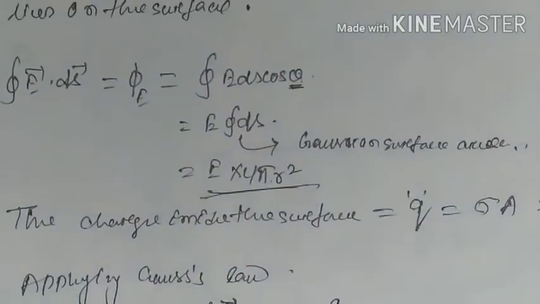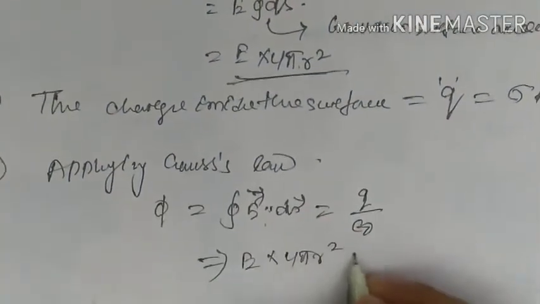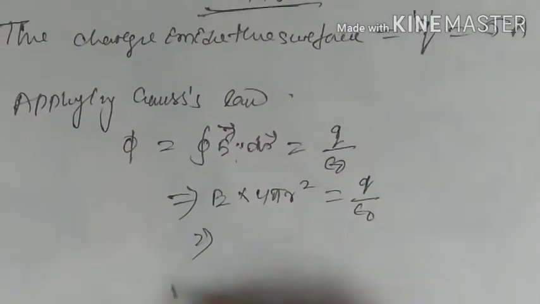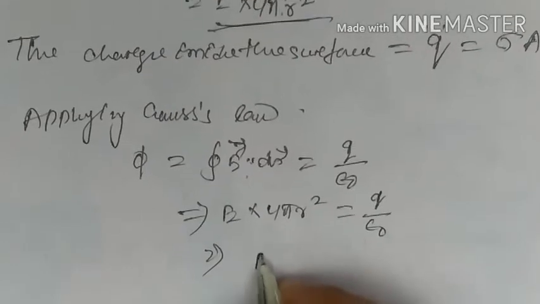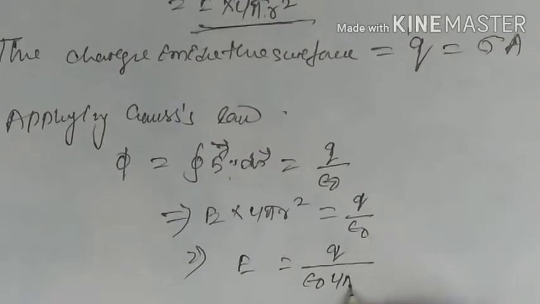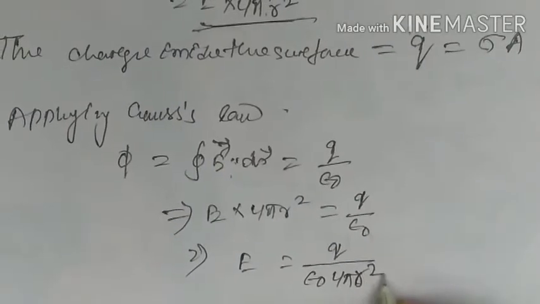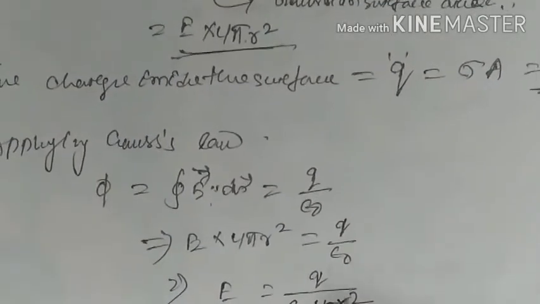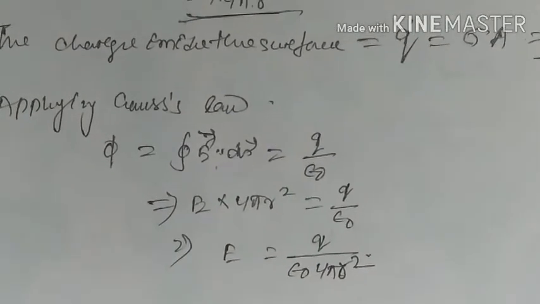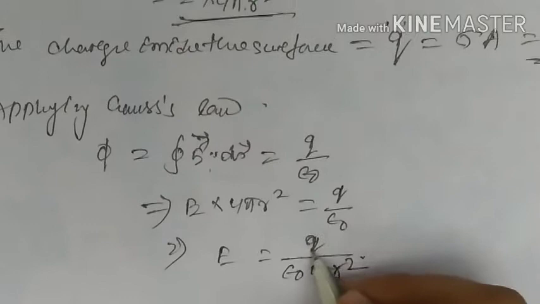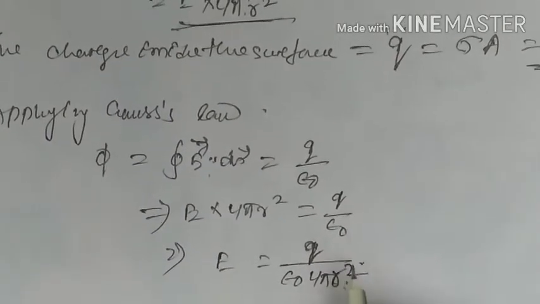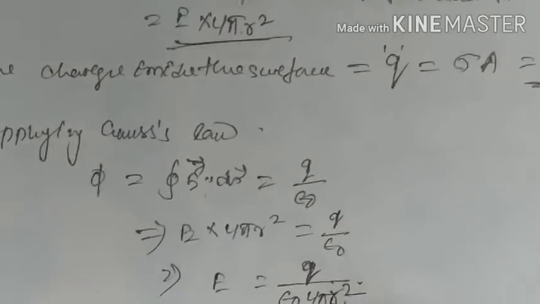This becomes E into 4 pi r square is equal to q by epsilon naught, or E is equal to q by epsilon naught 4 pi r square. This looks similar, like we already calculated this type of equation. Do you remember this one? This is for a point charge. Yes or no?